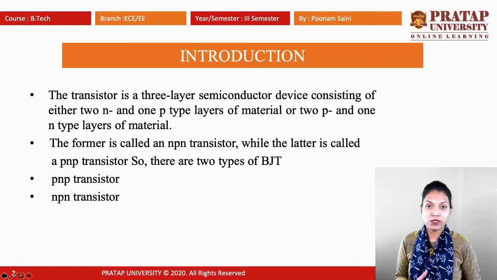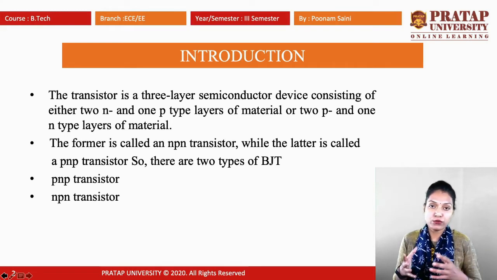BJT is basically known as bipolar junction transistor, and what is a transistor? It is a 3-layer semiconductor device consisting of either 2 N and 1 P layer of a material, or 2 P and 1 N layer type of material. So one layer is sandwiched between the two layers.